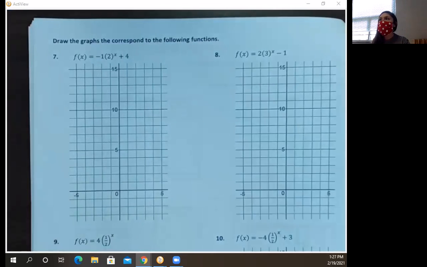Now, if you are still feeling a little unsure about pulling that information out of our function, what can you do? Ask questions, that's great. What's the other thing that you can do? If I'm not sure about a graph, how can I always make a graph? Make a table, yep.